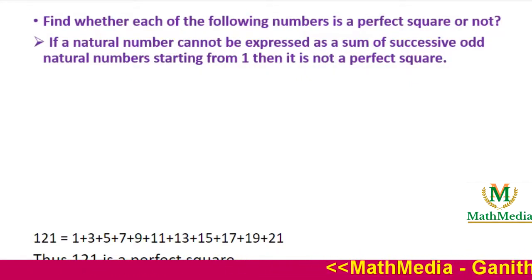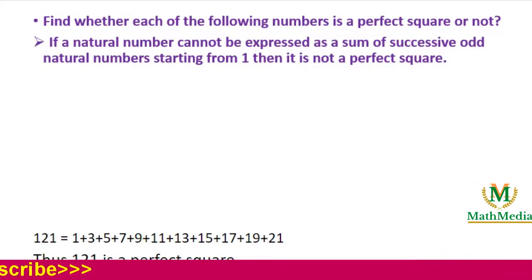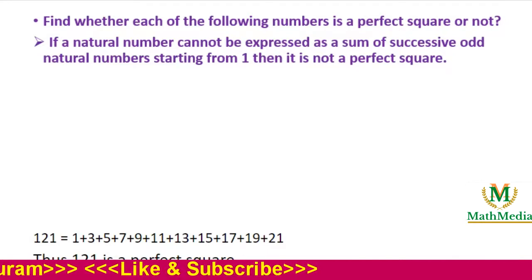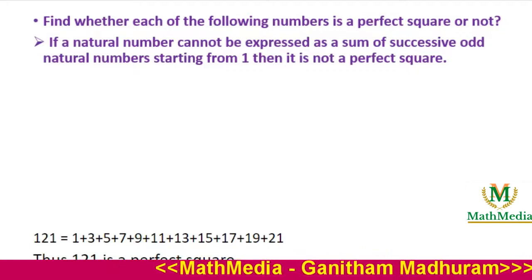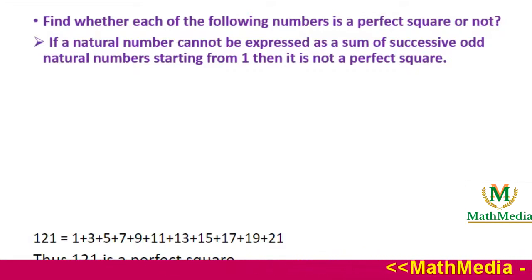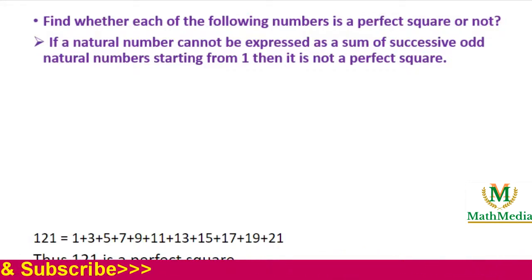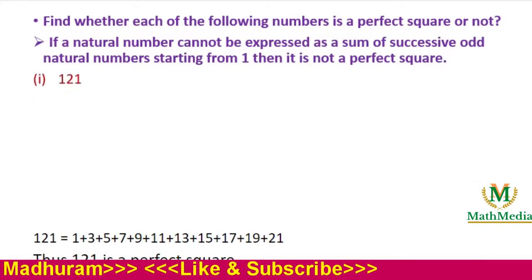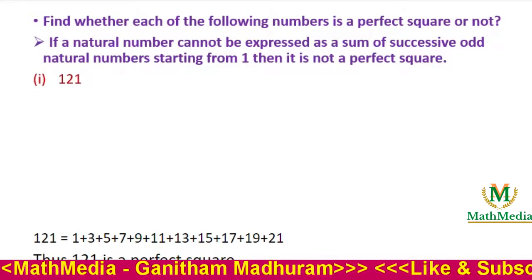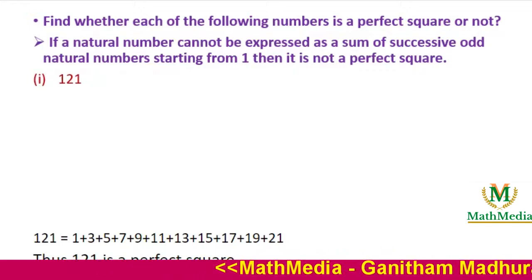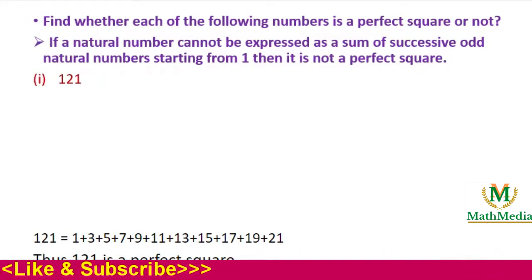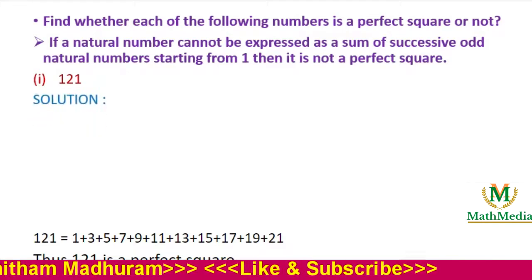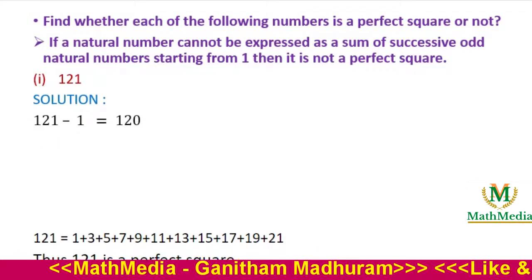Is it clear? So to check whether the given number is a perfect square or not, you simply check whether it can be written as the sum of the first odd natural numbers. With an example, we can see. We can check whether 121 is a perfect square or not. Our first odd number is 1, so we subtract 1 from 121.